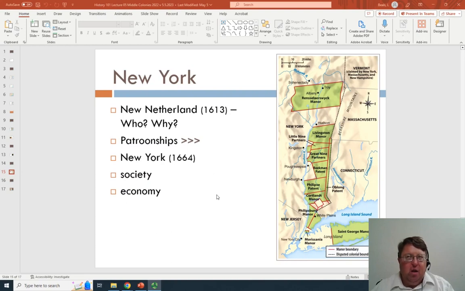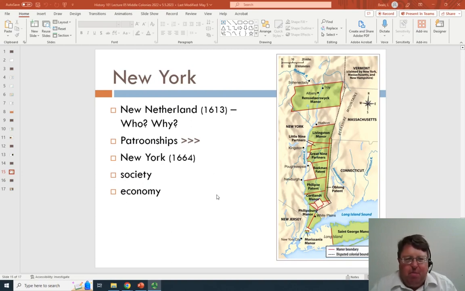Interesting story how the English take New York. A couple of British ships show up in New York Harbor, and the Dutch guard notice these ships, and they're worried. They're like, oh no, English ships. What's kind of funny is a negotiation happens, several days of negotiating, and the Dutch get encouraged: as long as you accept British rule, you can do whatever you want.